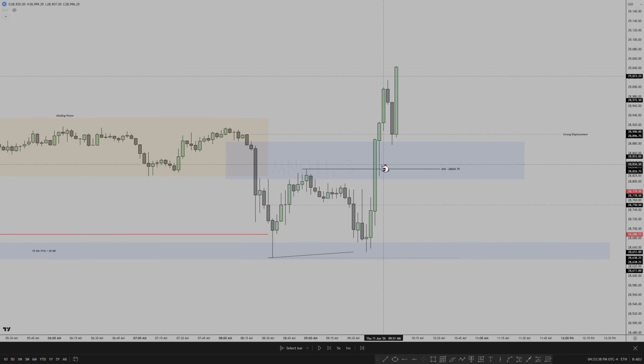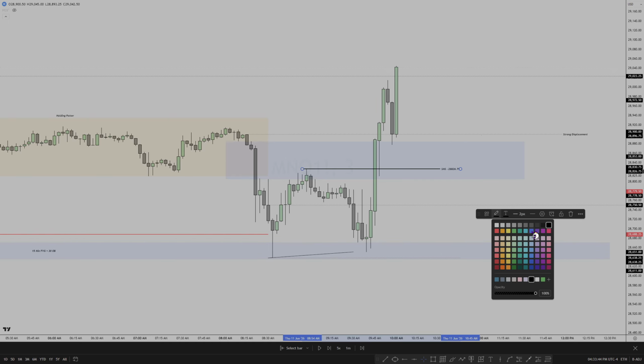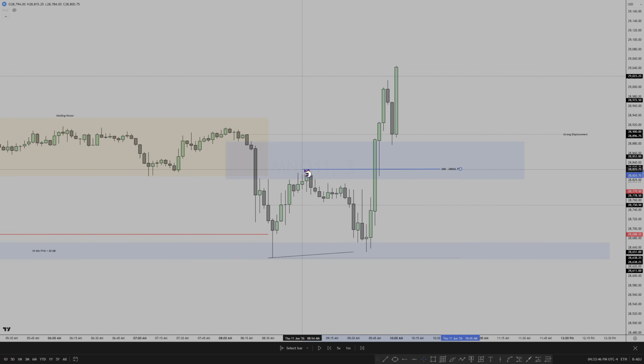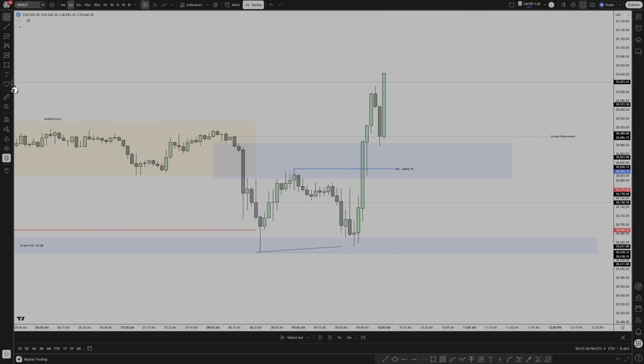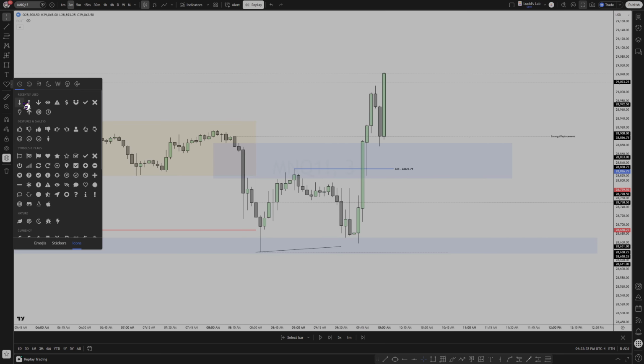So there's a possibility, yes, there's a form of rejection of this old high here, and I will label it blue because that's that level of support. And we retest that level of support and leave a gap.